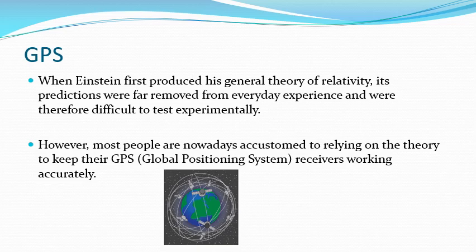Okay, Einstein produced his theory. Things were far removed from everyday experience and very difficult to test, but now through GPS satellites we can actually see that this is correct, and we have to build in these corrections according to Einstein's theories.